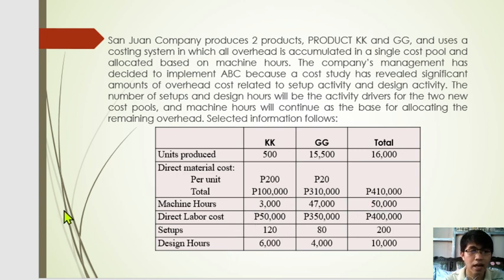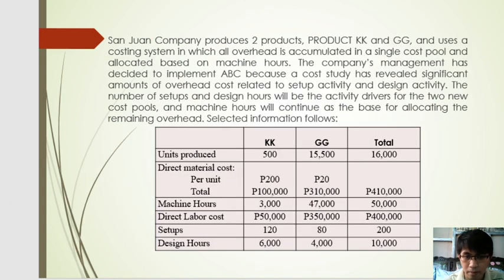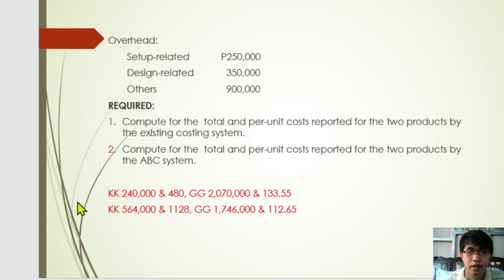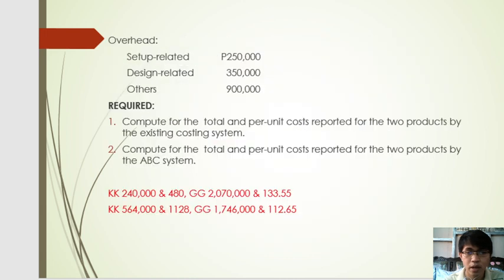Add all of that, and that will yield your total cost for product KK. It should be 240,000. Right? Yes, 240,000. For the per-unit cost of KK, you just divide the total cost by 500. So, 240,000 divided by 500 is 480.